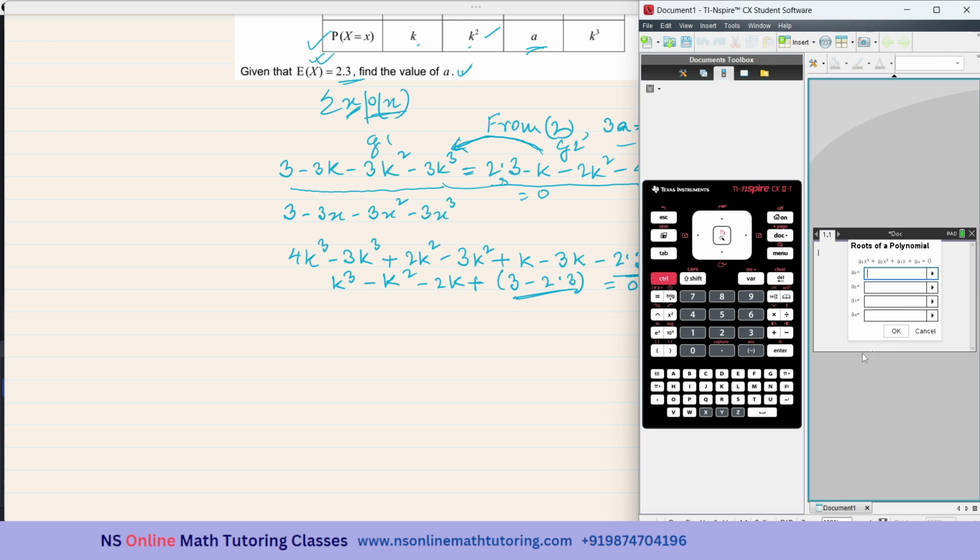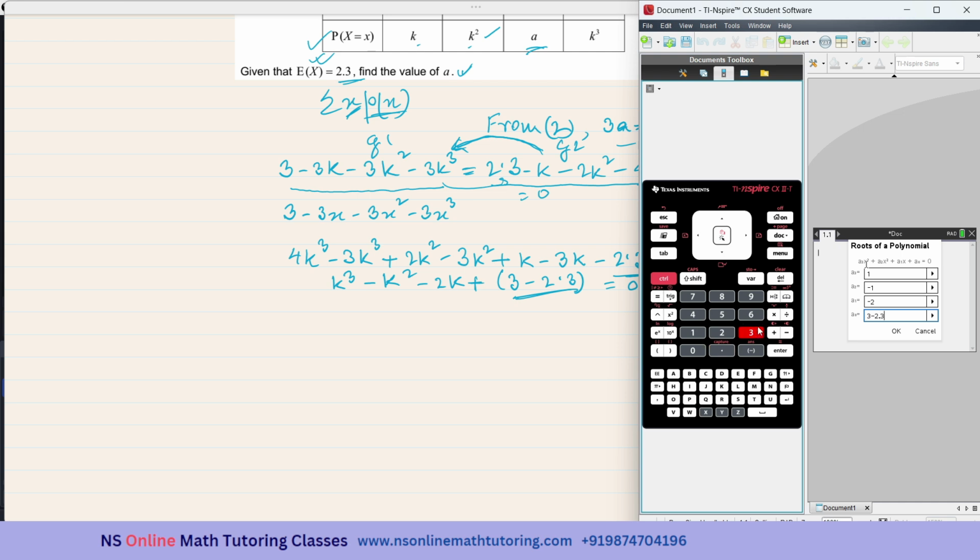And you'll see we are needed to enter the coefficient of x cube, which is k cube in our case. So it is 1. K square or x square, it is negative 1. K or x, it is negative 2.